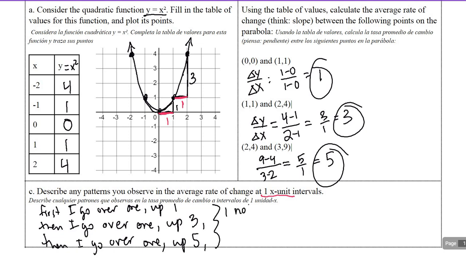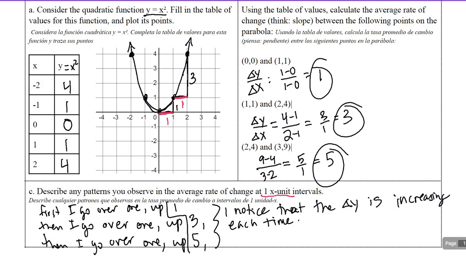I notice that the change in y is increasing each time. I predict that the next time I went over 1 x, I would have gone up 7. 1, 3, 5, and then I think I'd get 9, and then I think it would be 11. I think it's increasing as my odd numbers.